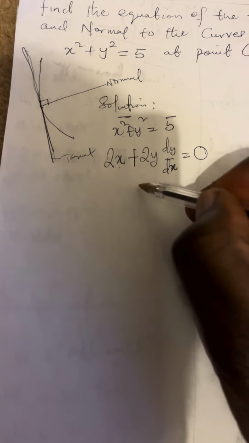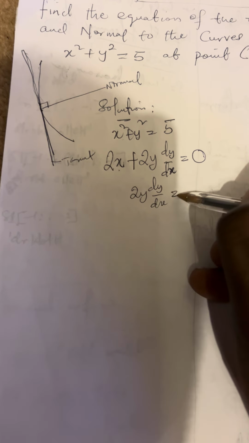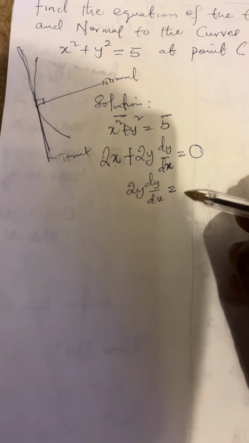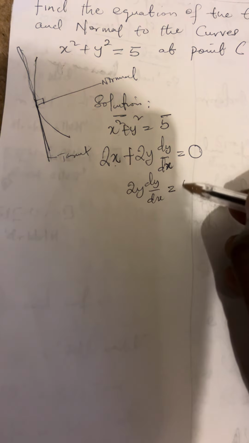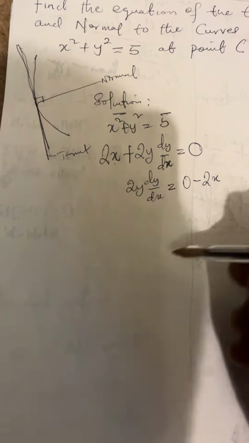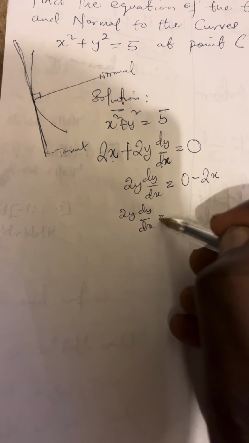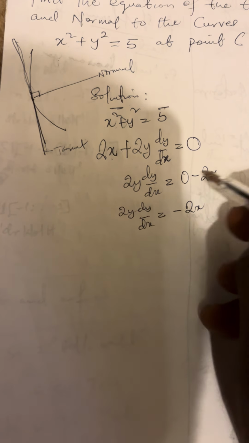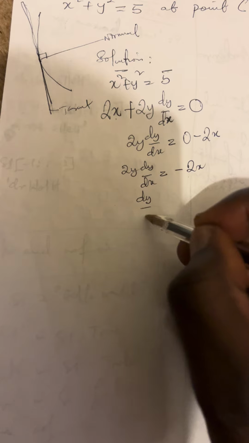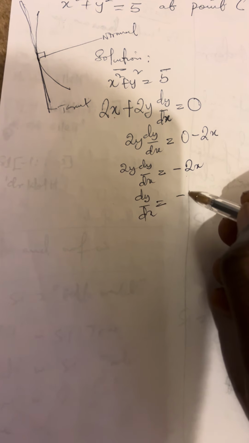So we are going to make dy/dx the subject of the formula. We have 2y dy/dx equals 0 minus 2x, because 2x goes to the other side, which is minus 2x. Therefore, dy/dx is equal to minus 2x over 2y.